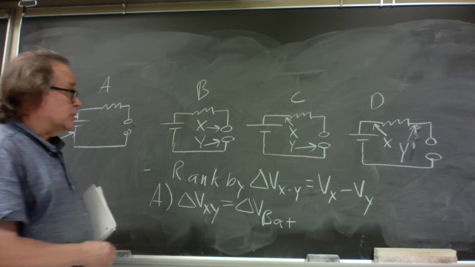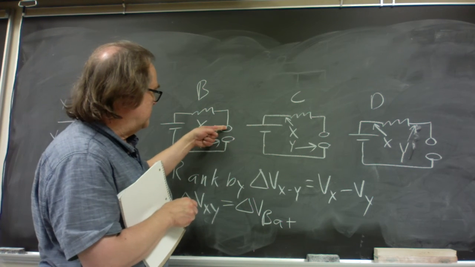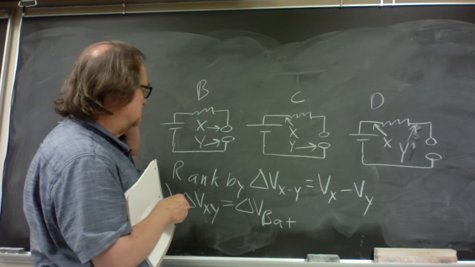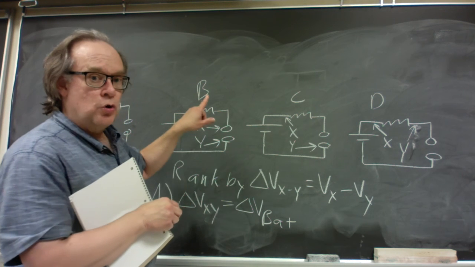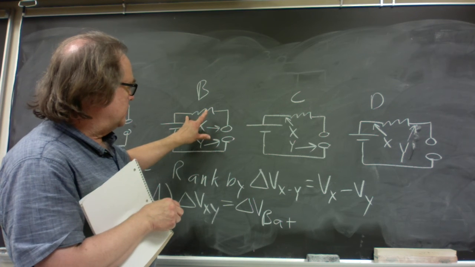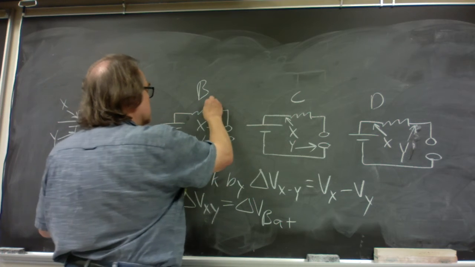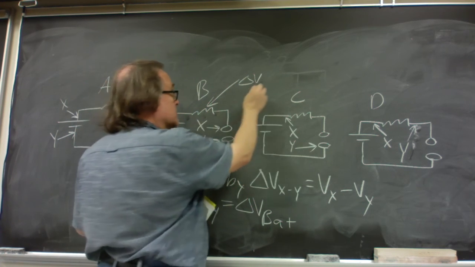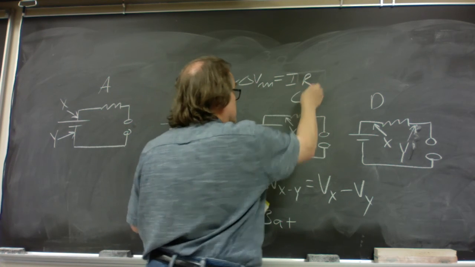And then in situation B, potential difference between here and here. Now remember, there's no current. So the potential difference between here and here is no difference. Potential difference between the two ends of that resistor is current times resistance.